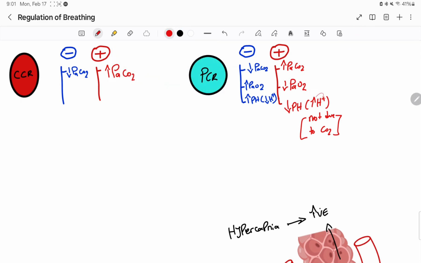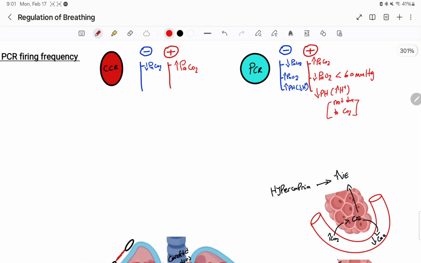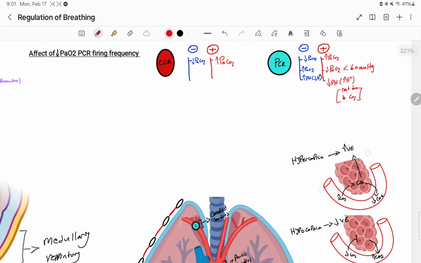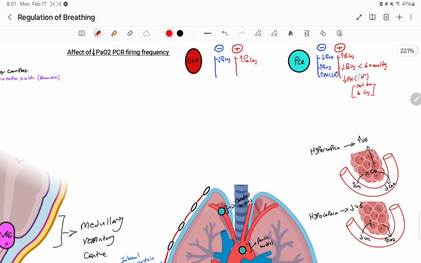When we say low partial pressure of oxygen, it has to be less than 60 millimeters of mercury. It has to be. And you're thinking, why? Why does this peripheral chemoreceptor have to be so sensitive to a drop in partial pressure of oxygen less than 60 millimeters of mercury, but not anything above it? Why?